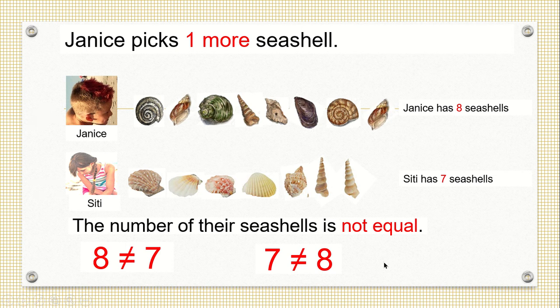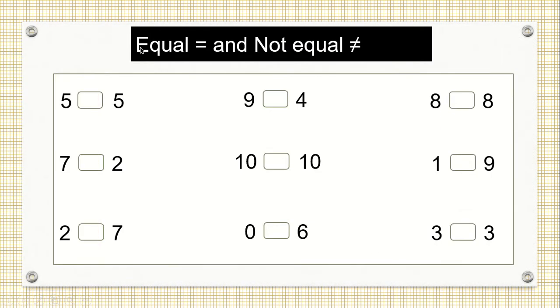That's great. Okay. So let us understand more about equal and not equal. Remember, this symbol means equal and this symbol means not equal. So what do you think? 5 and 5. We say 5 is equal to 5.